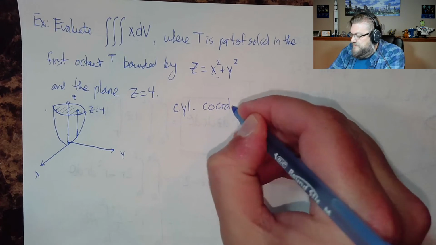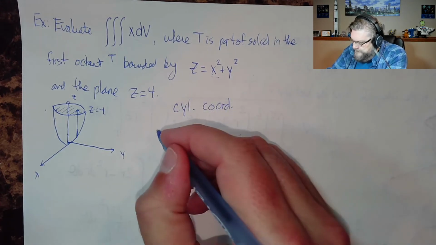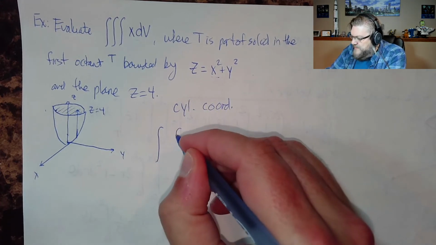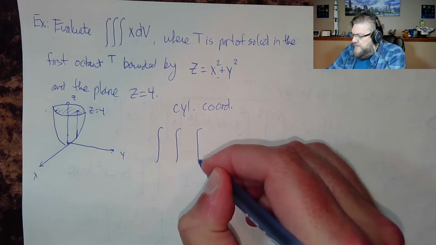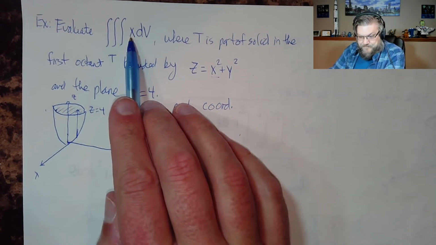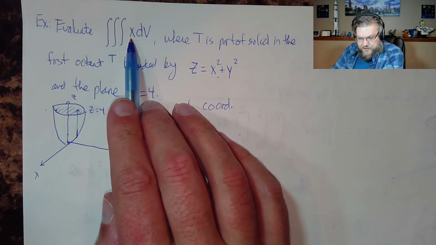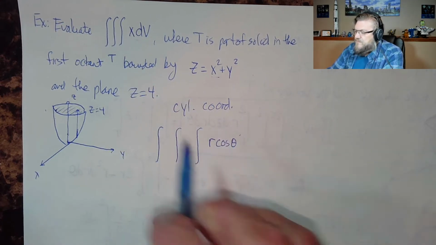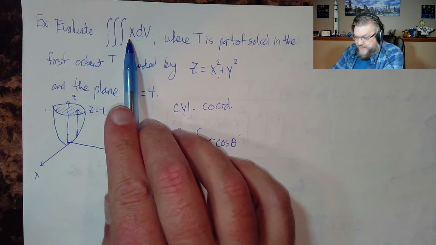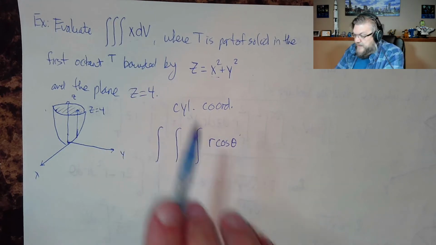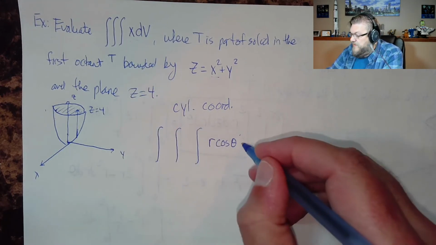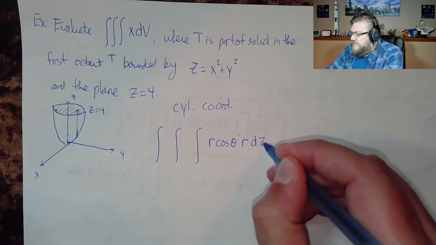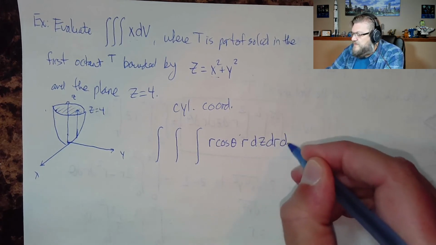Cylindrical coordinates, okay? So I want to evaluate the triple integral of x. But remember, x is not allowed in cylindrical. x is r cosine theta in the cylindrical world. So I replace x with what it's equal to. Then I replace dV with r dz dr d theta.